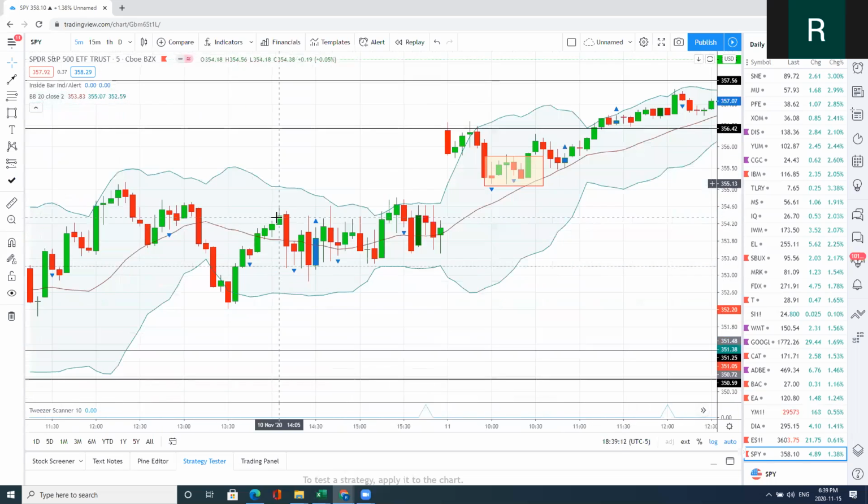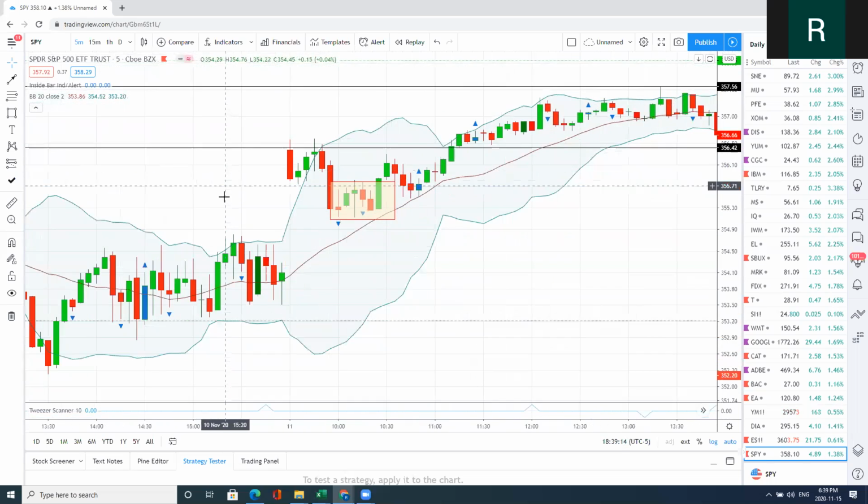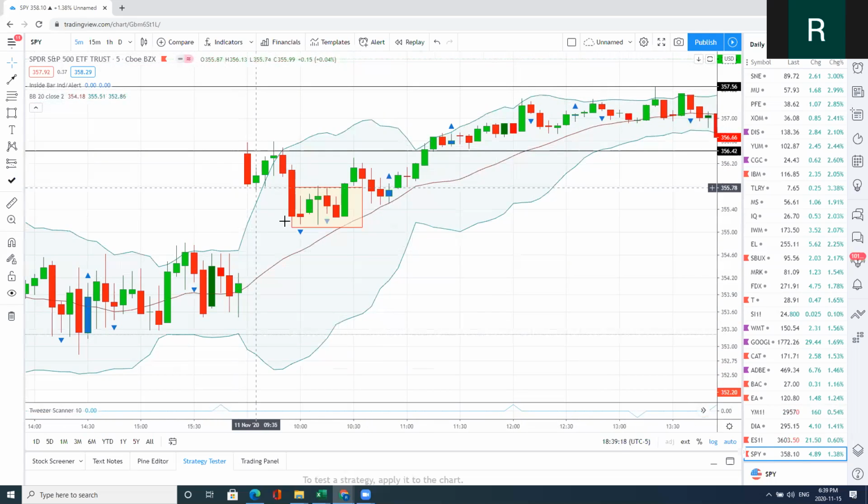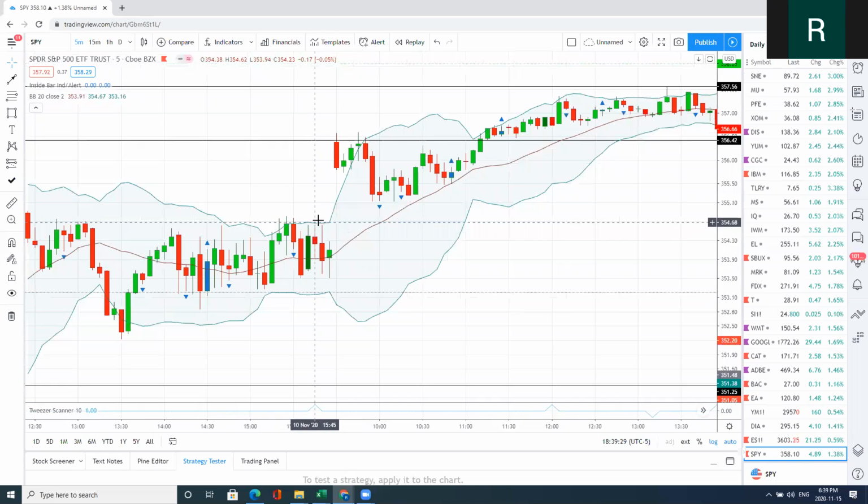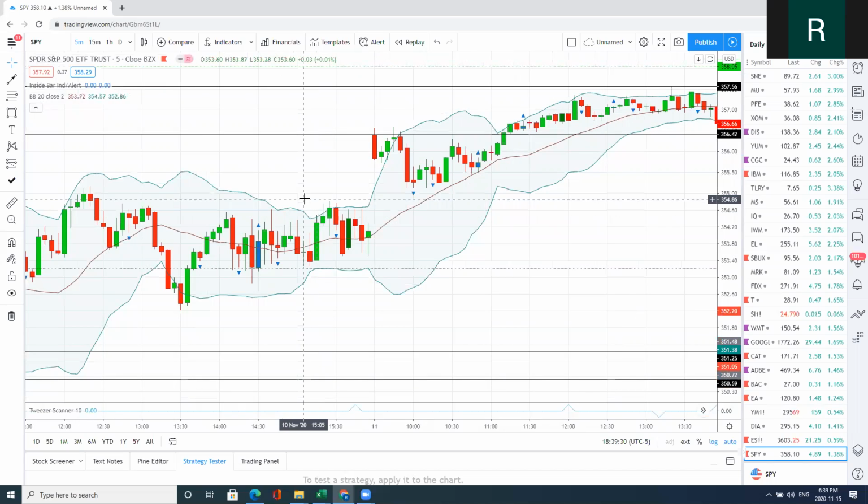All right, so now let's look at this day. So this is Wednesday, and we had a gap up. And then I want to point your attention to this block of candles here. So we had an inside bar here, and we had another inside bar here, and then we had this big hammer candle. Because we're gapping up, we have to understand that the bulls are in charge of the market anytime we gap up.